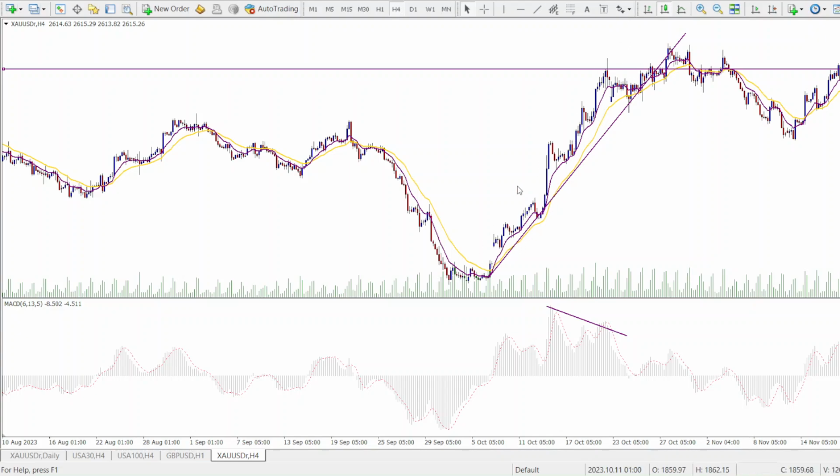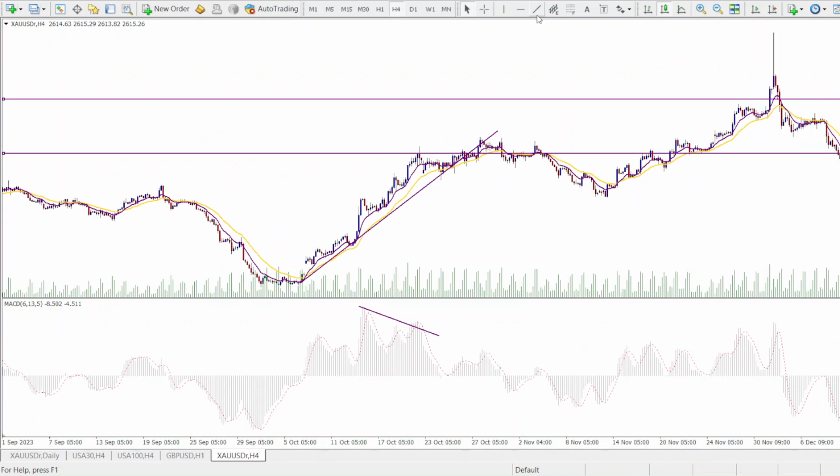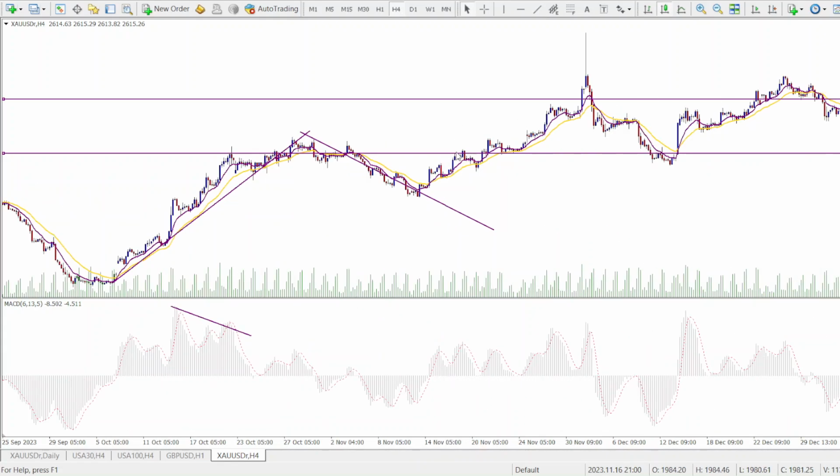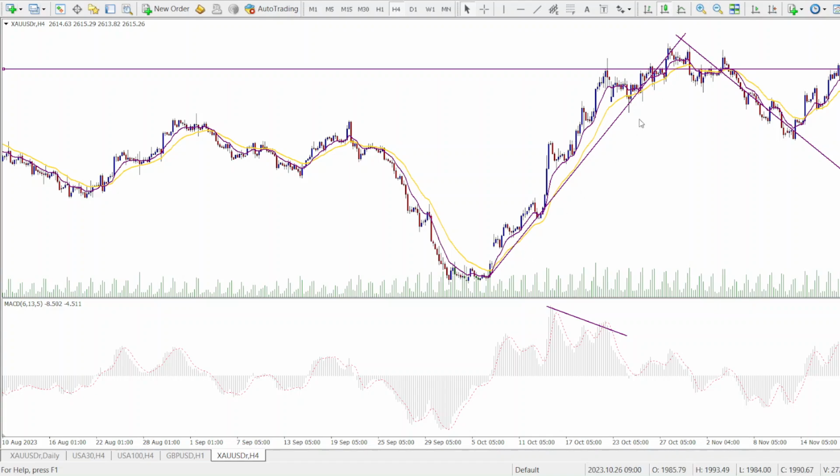We can see that happening here. So this indicates that the strength behind the uptrend is fading, and you can see eventually the price sold. Right after the divergence happened, you can see that the price sold.